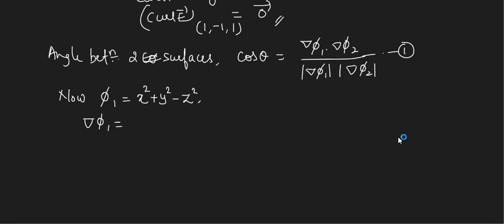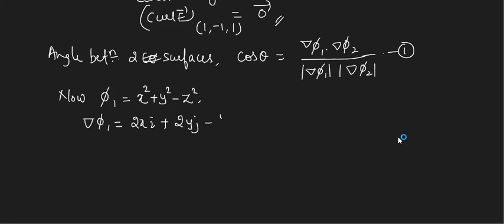Del phi 1 means, you know the expression, del operating on a scalar quantity means gradient. Gradient is dou phi 1 by dou x i plus dou phi 1 by dou y j plus dou phi 1 by dou z k, isn't it? Those all steps should be written. Now, what is the derivative of this phi 1 with respect to x? 2x. With respect to y, 2y.